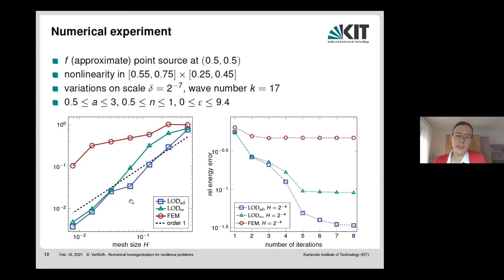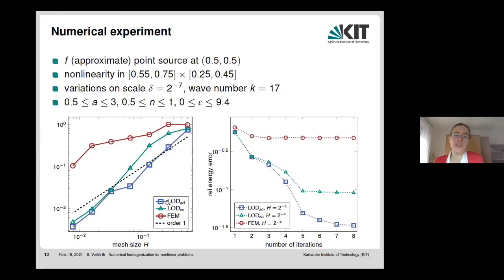Then in green, you see something denoted as LOD infinity, which means that we take the approach of the first part of this talk, that we compute a fixed multiscale space once, with a linearization around 0 in this case, and then use it for the whole nonlinear iteration. As you could expect from the first part of this talk, this already gives a better approximation, even better than linear convergence in this case.